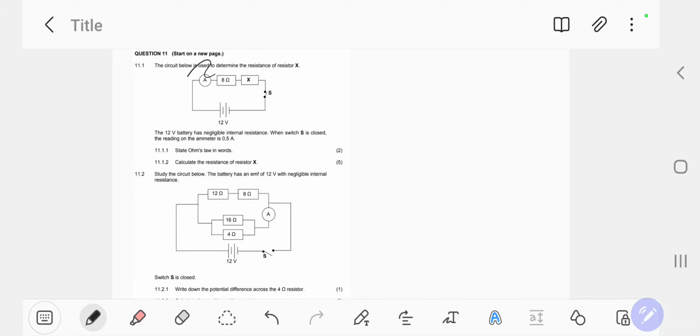So we have 0.5 as the reading on the ammeter. The first question says: state Ohm's law in words.